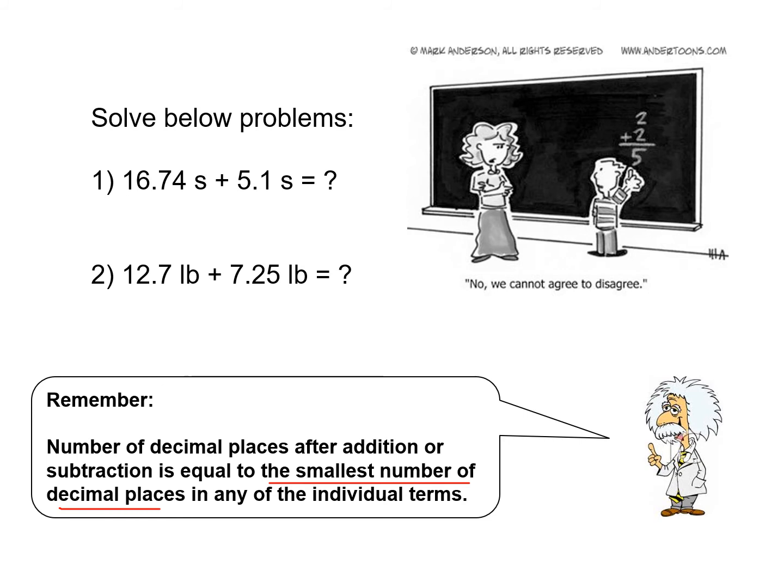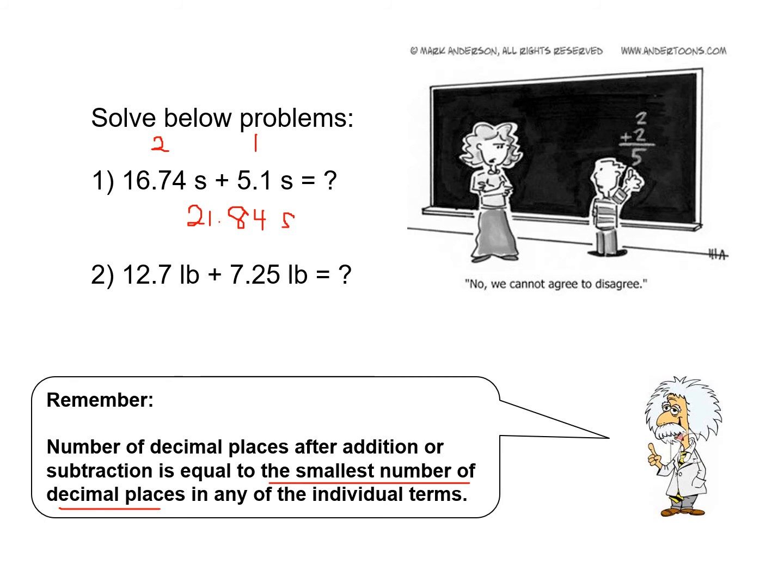So therefore, if you try to count 16.74 plus 5.1, the answer will be 21.84 seconds. This should be your answer, and of course this one has 2 decimal places, and this is only 1 decimal place.